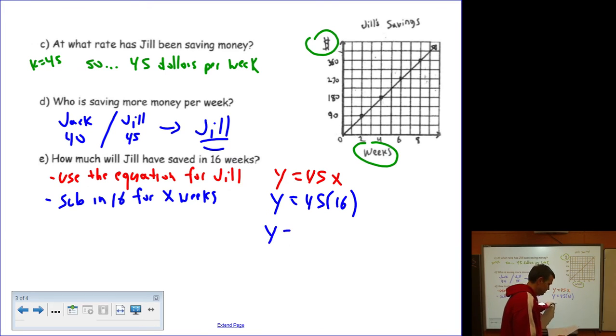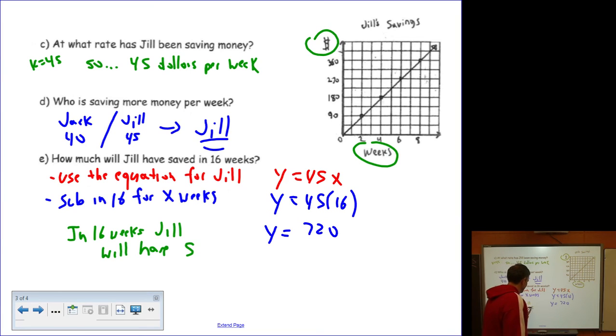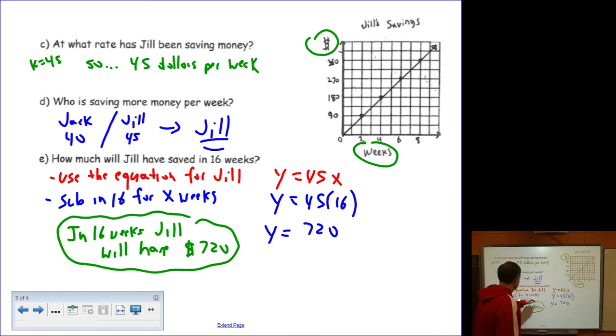And when you multiply that out, you get 720. So in 16 weeks, Jill will have $720 then, right? That is a good use of the equation. It's why we write the equation, so we can calculate other amounts.